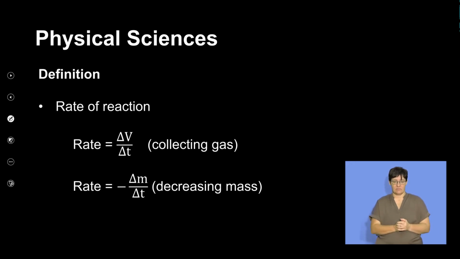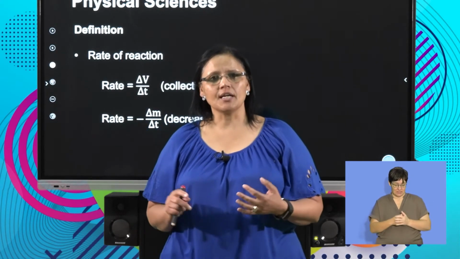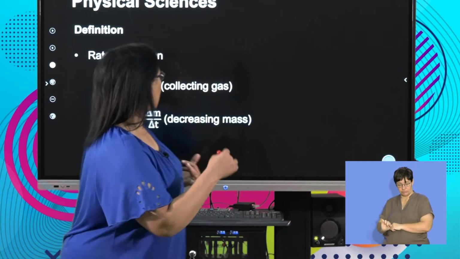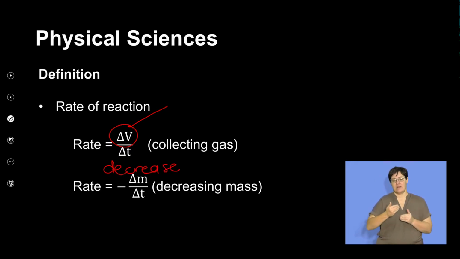Right. So from the experiments, we said there's 3 ways to measure our rate of reaction. We said we can catch the gas, so we can look at the change in the volume of the gas over regular time intervals. We can look at the decrease of our mass over regular time intervals.